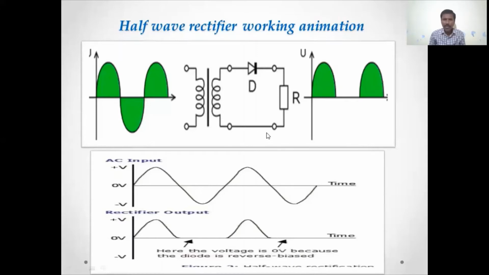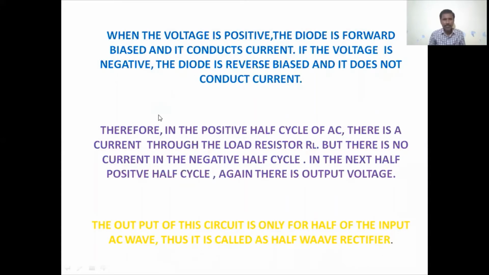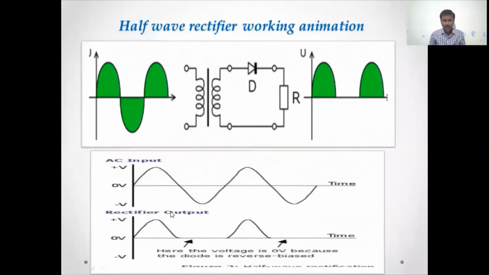So let us see the explanation of the half wave rectifier. When the voltage is positive, the diode is forward biased and it conducts current. If the voltage is negative, the diode is reverse biased and it does not conduct current. Let us see this.